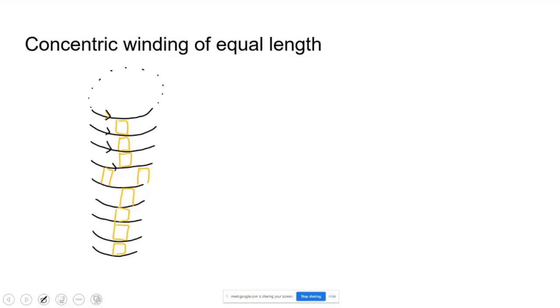Now my question is, how will these forces be on each turn, and on which turn will the force be maximum? On which turn will the force be minimum? Sir, the middle turn is the minimum. The first and the last.